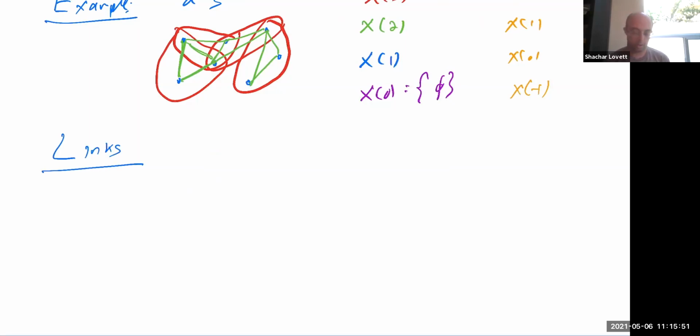So again, let X, which is X_0 union X_1 union ... union X_d, be a simplicial complex.